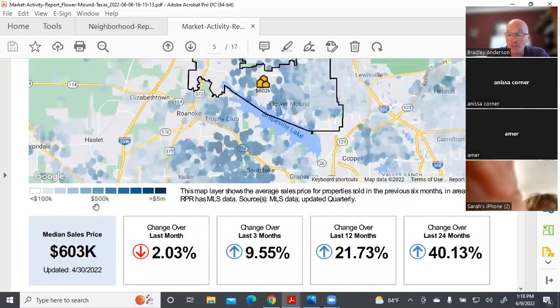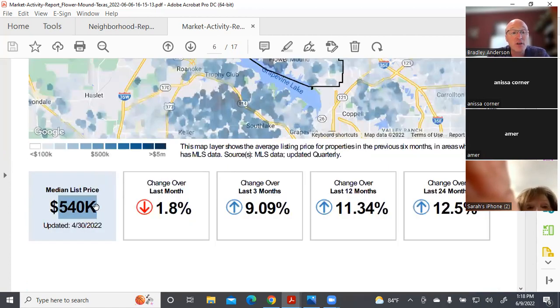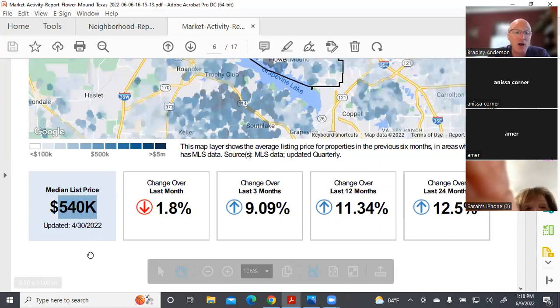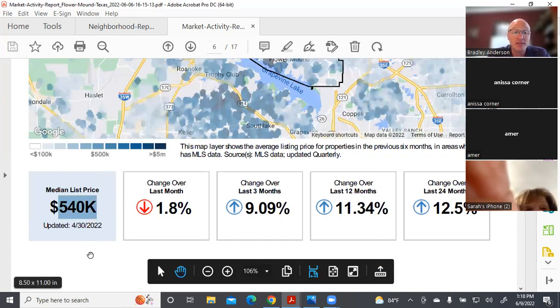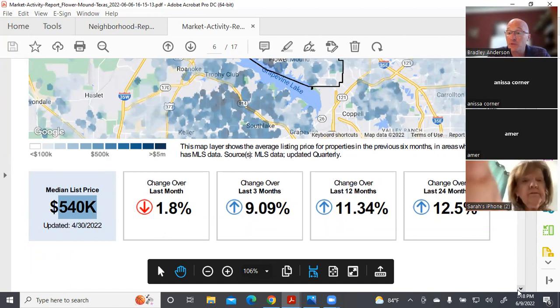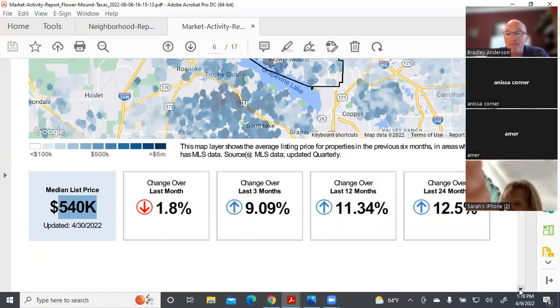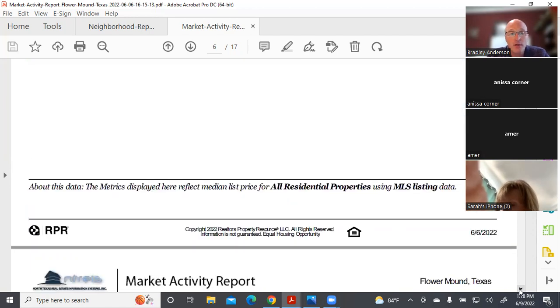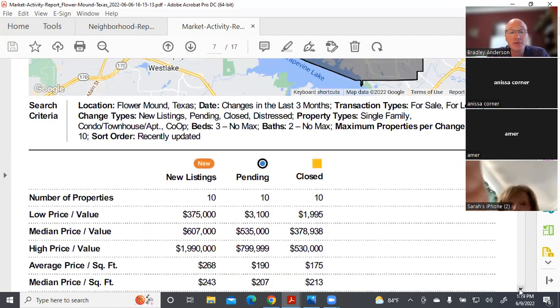The sales price was $603. So from a median sales perspective, they were getting $40,000, or I'm sorry, $60,000 above asking price. But the good news is that's actually trending down. And I think that is good news, because buyers shouldn't be forced to overpay. Okay, so again, good talking points.